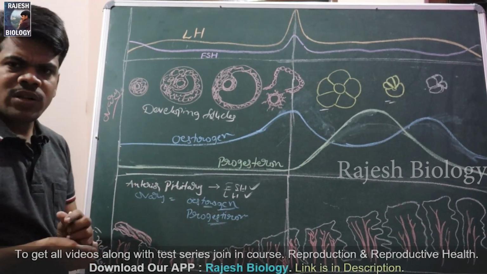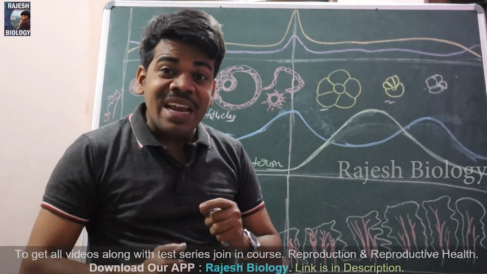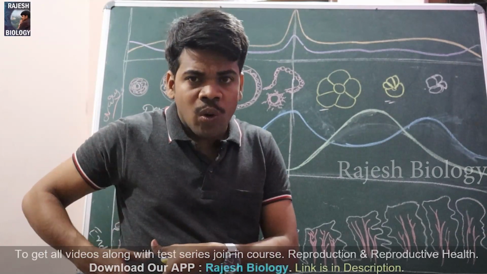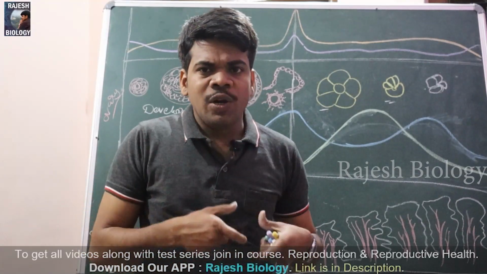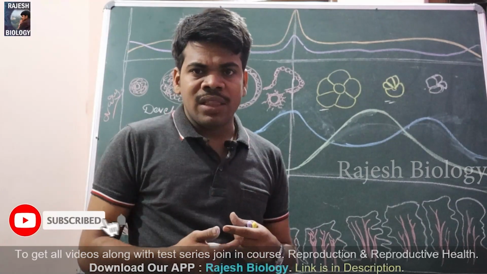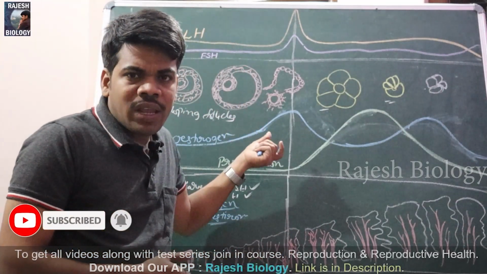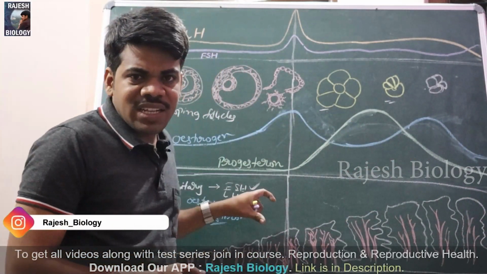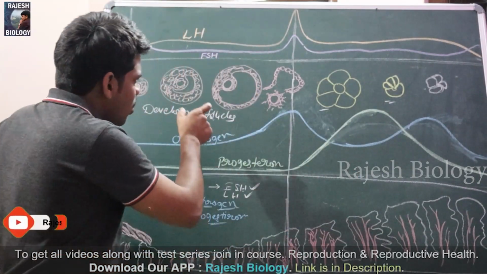So what does menstrual cycle mean? Menstrual cycle means the cyclical changes which occur in both the ovary and the uterus every month. The cyclical changes which occur in the uterine wall and the ovary are called the menstrual cycle, and these changes are controlled by hormonal actions.